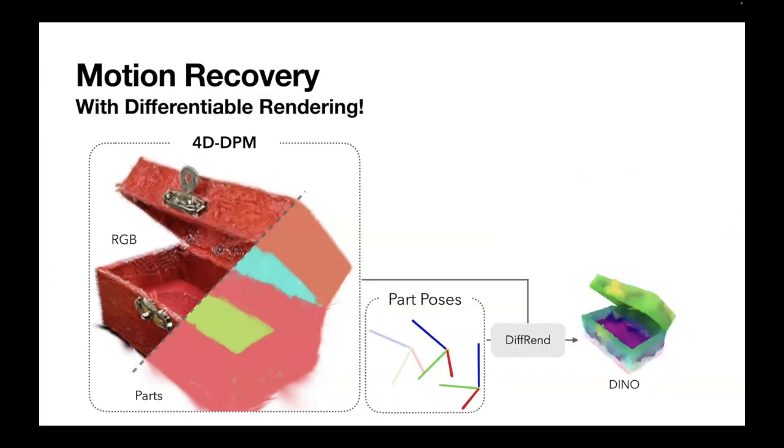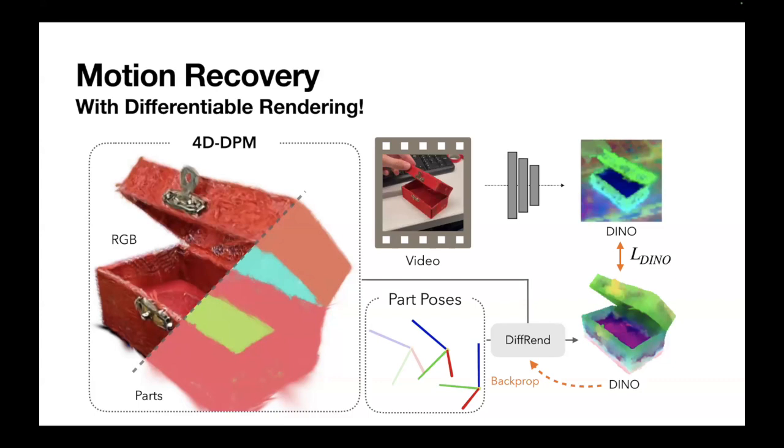And each of these parts now has local transformations. Now, all you really want to do is to optimize this part location such that it minimizes the difference with the DINO image that is computed from the frames, in the form of analysis by synthesis. Basically, you're solving for the optimization that gives you the observation.